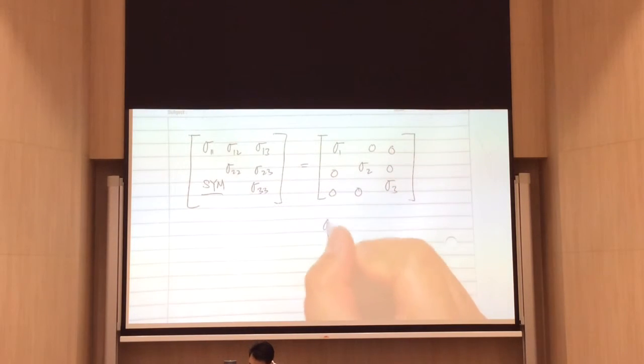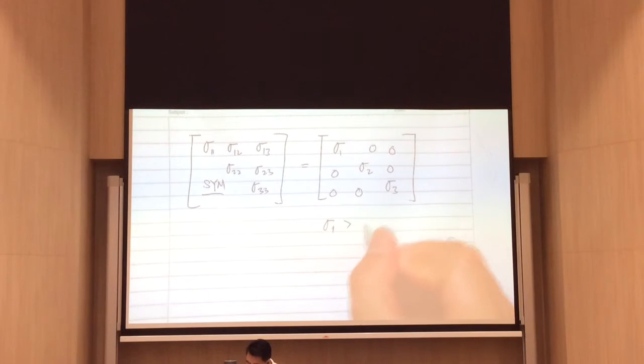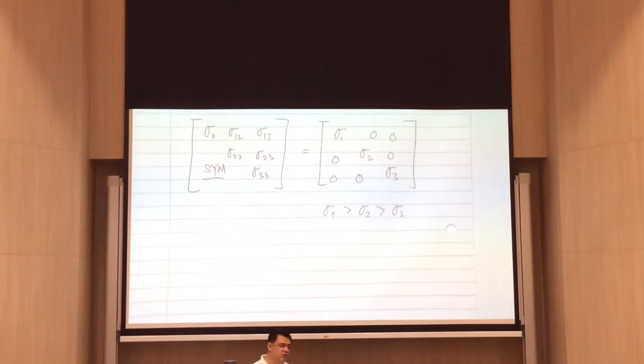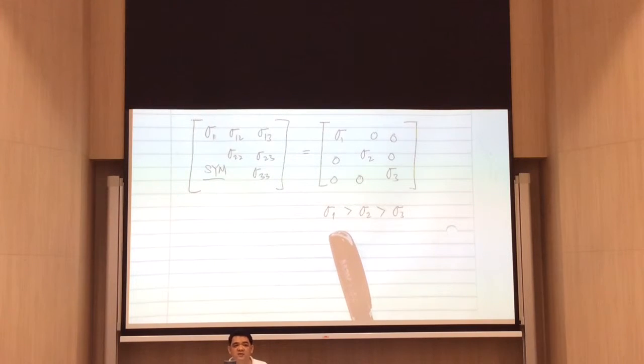So this one will be arranged in such a way that sigma 1 is greater than sigma 2, greater than sigma 3. So what is important here really is sigma 1. Why sigma 1? Because it's the maximum tensile strength that's going to break your structure.